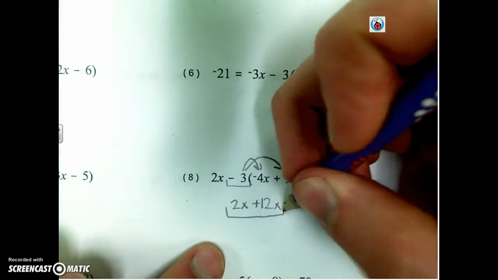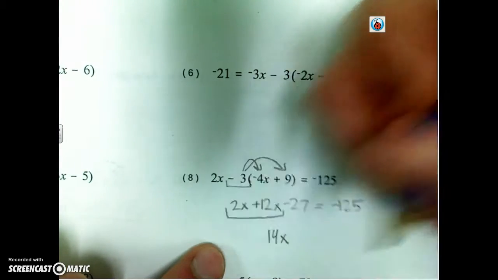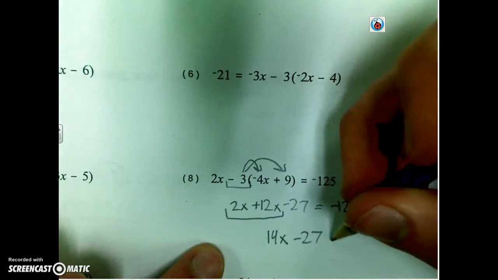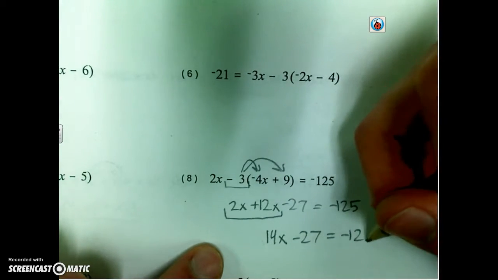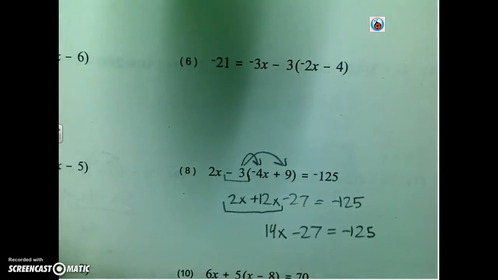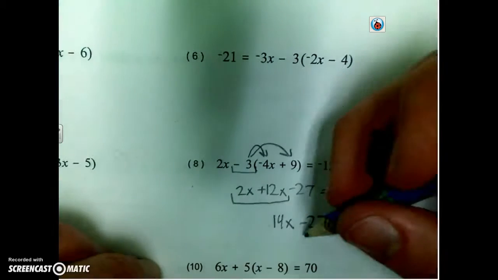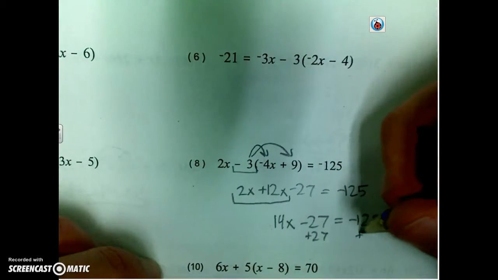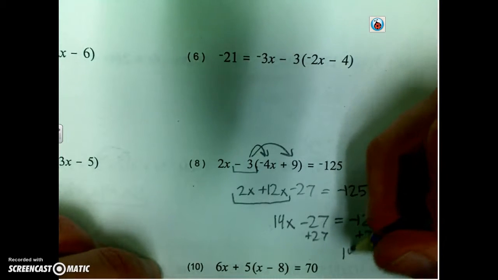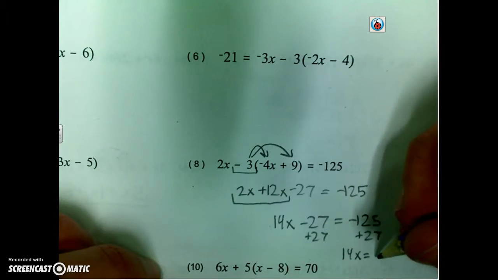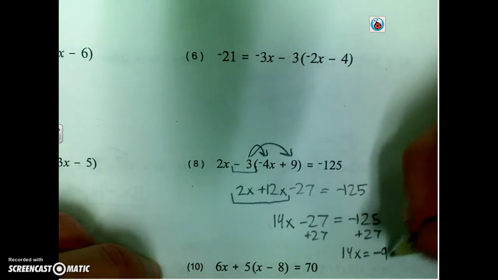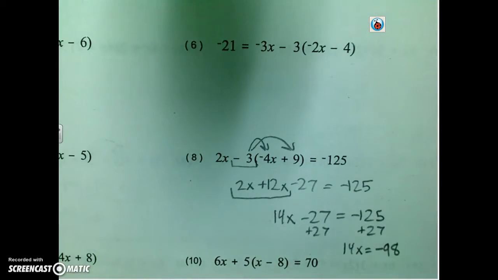Then we have some like terms to combine, so we'll get a 14x minus a 27 here is equal to a negative 125. Two-step equation. Add 27 to both sides. We'll get that our 14x is equal to a negative 98.